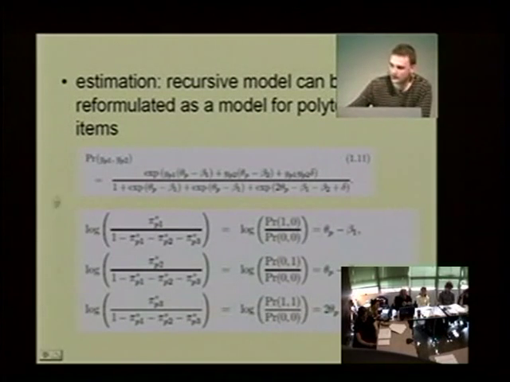And here, and that's also copied from the book, I show how you can reformulate this non-recursive model as a model for a polytomous item in the case of two items in the testlet.